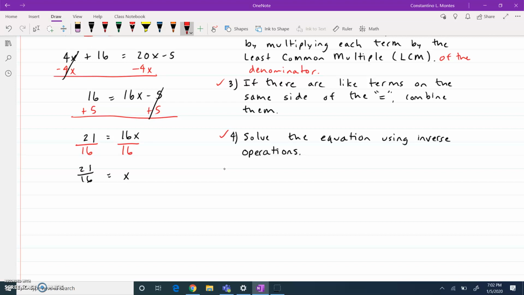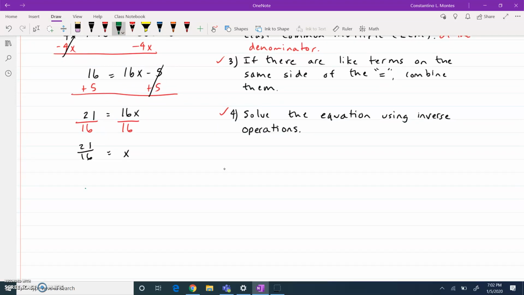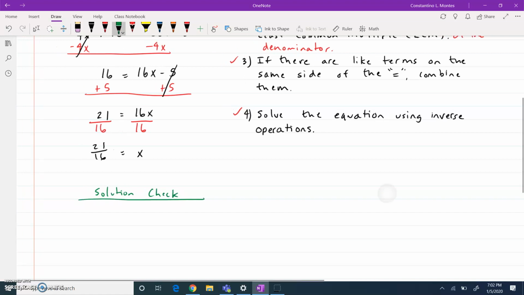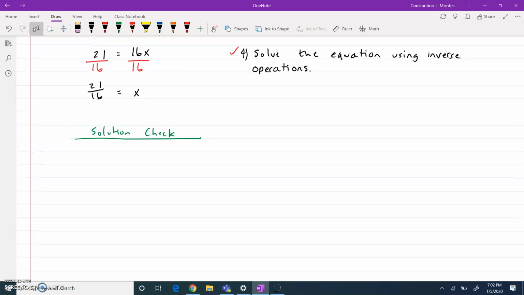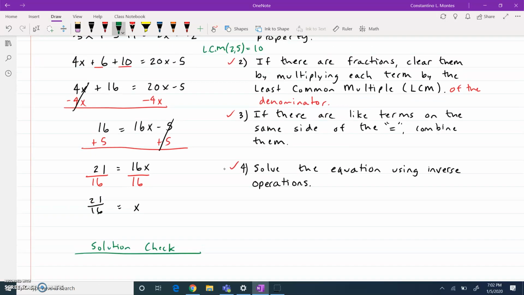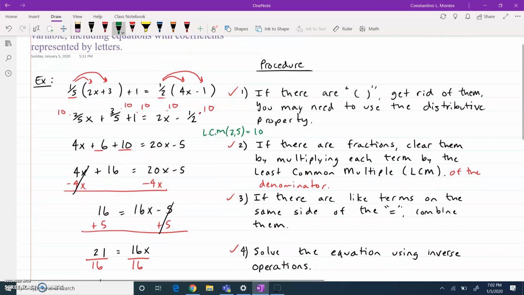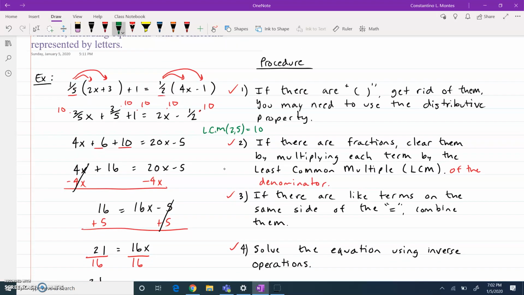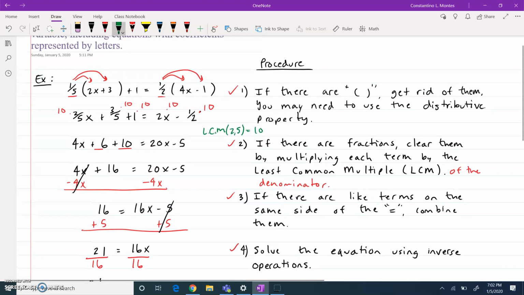If you saw the previous video, we do what's called a solution check, and we've taught all of you to use a calculator to help yourself out. I'm going to go back and plug in 21 over 16 for x. Every single x that I see here is going to get plugged in into the original equation.